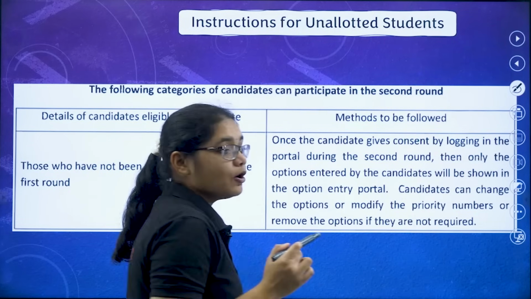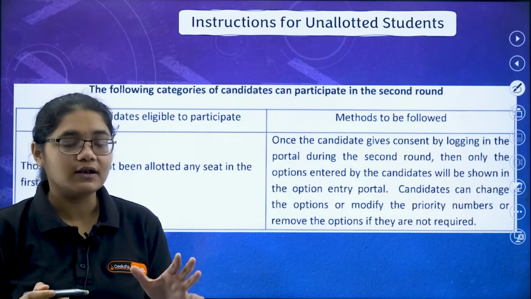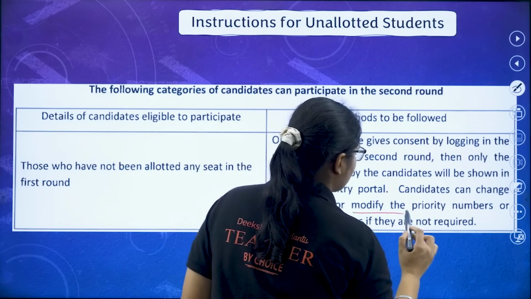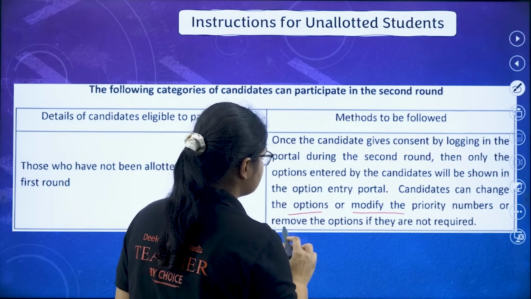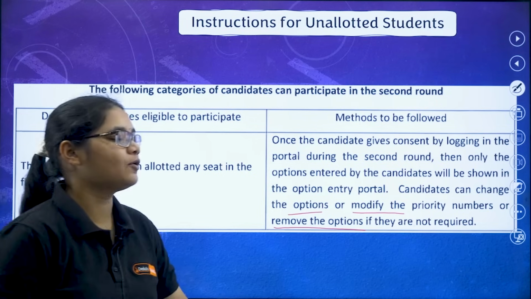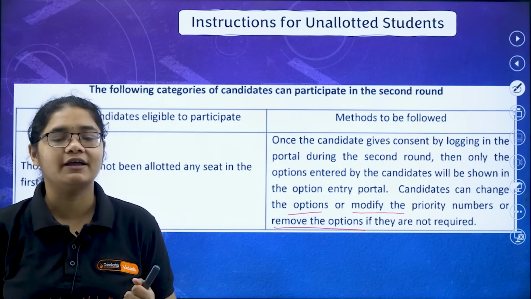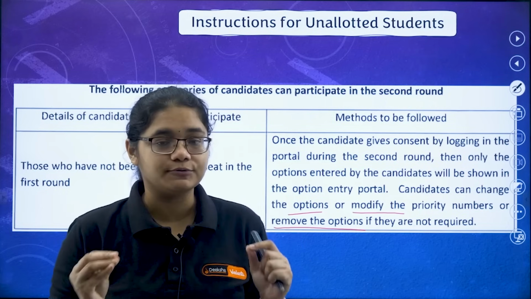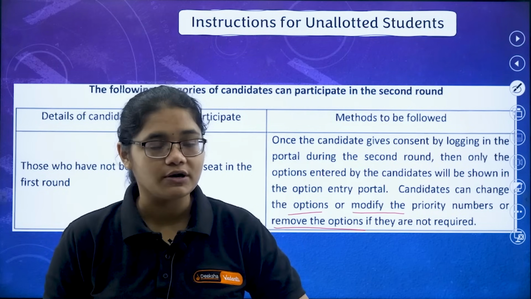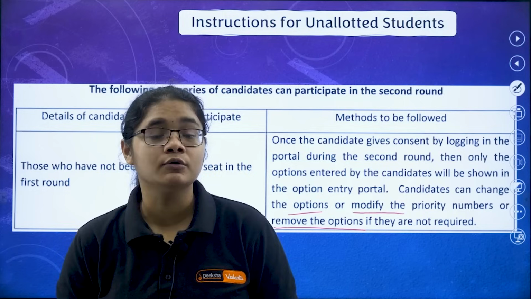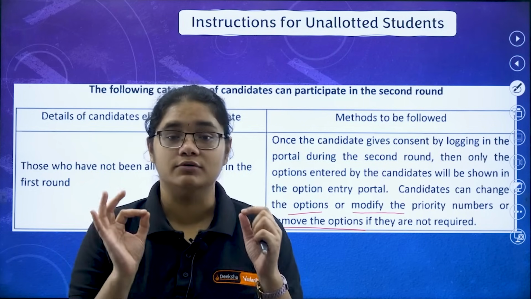So whatever options you entered in round 1 will be shown to you, and candidates can change the options, modify the priority numbers, or remove the options if not required. You cannot add any new option here, but definitely you can reorder them, or if any option is unwanted and you don't want to go to that particular college or course, you can delete it.